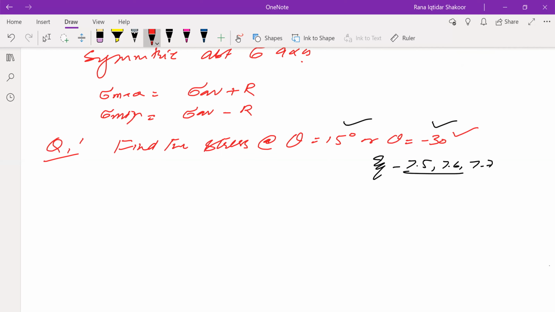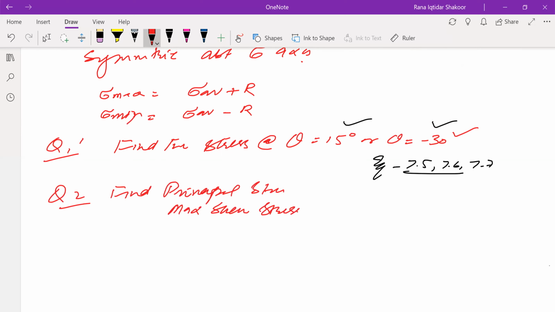The second question could be: find the principal stresses or find the maximum shear stress values.